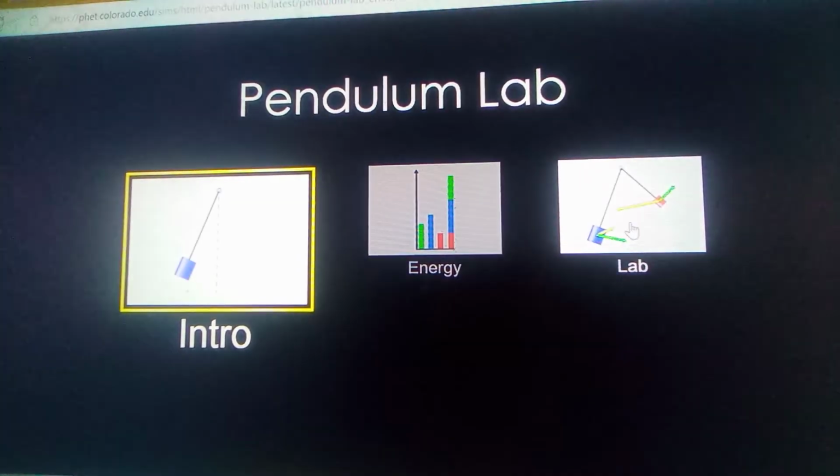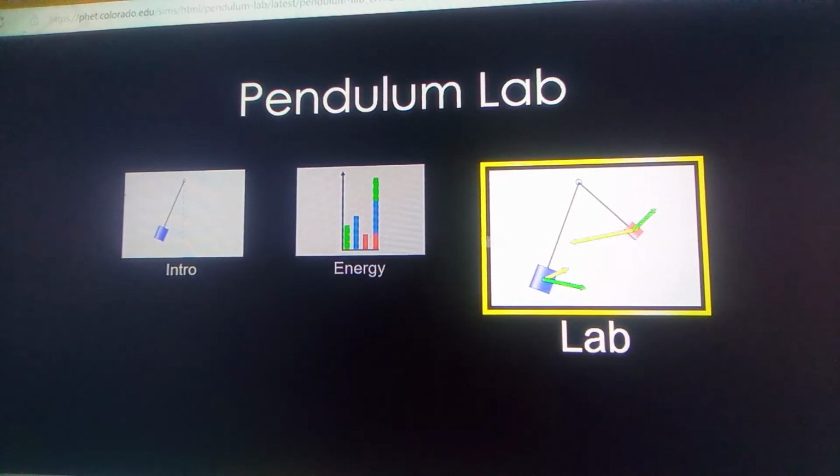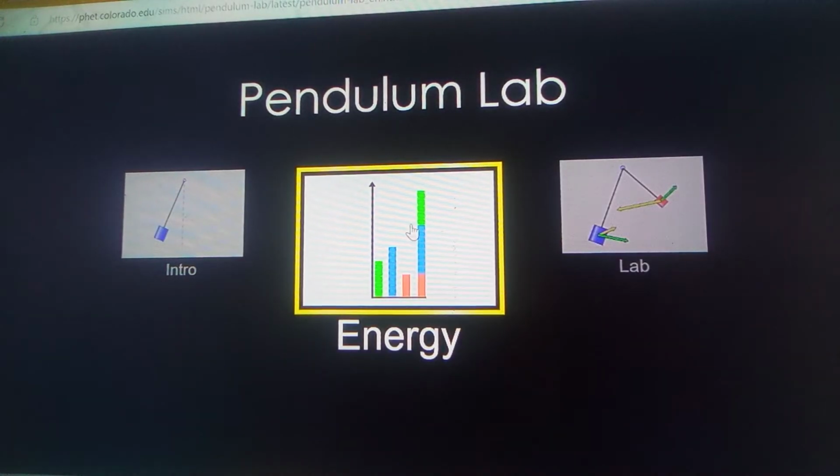Now, let us see the energy observed while we are performing the pendulum bulb experiment.